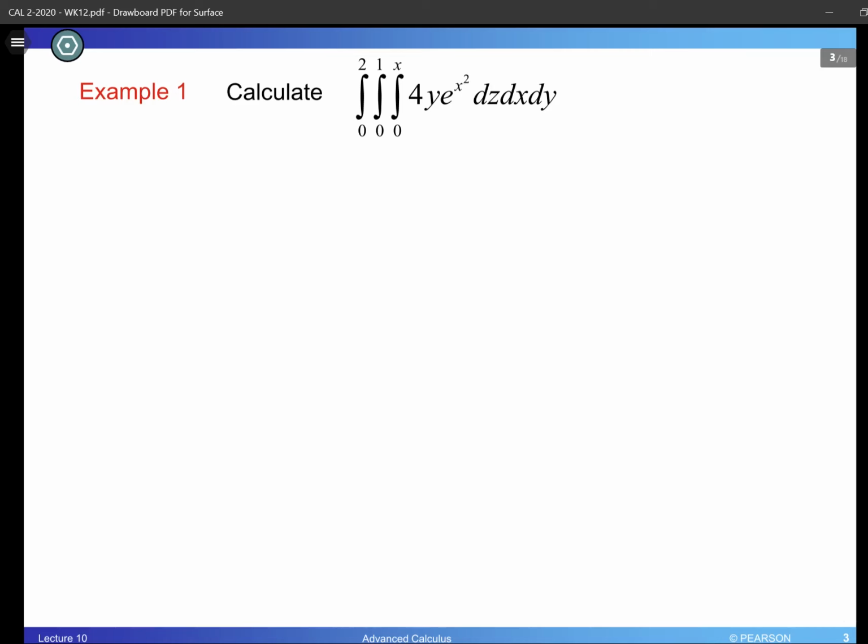In this example number 1, we are supposed to calculate this triple integral. And as you can see here, it seems like all the information that we need is already given to us. Starting with the order of integration, we know that we need to integrate with respect to z first, x later, and then y last. What about the boundaries? Boundaries are given to us too. The lower bounds for z, x, y are already there: 0, 0, 0.